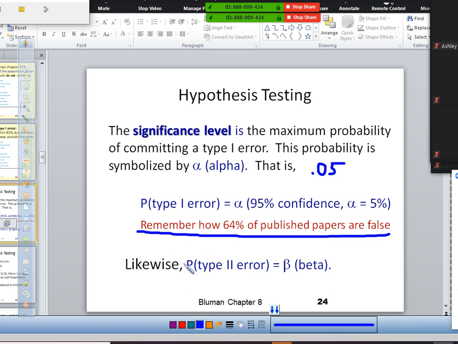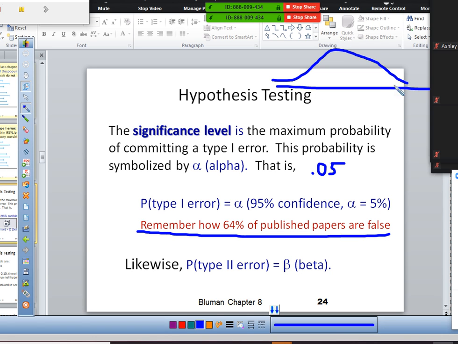And then likewise, the probability of type 2 error is beta, which kind of matches up with, as your alpha changes. Here's my alpha. Alpha is this part here. So the smaller my alpha, the less likely I make one of these errors.